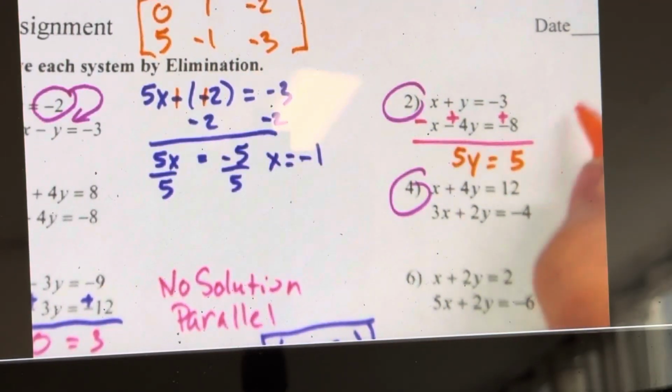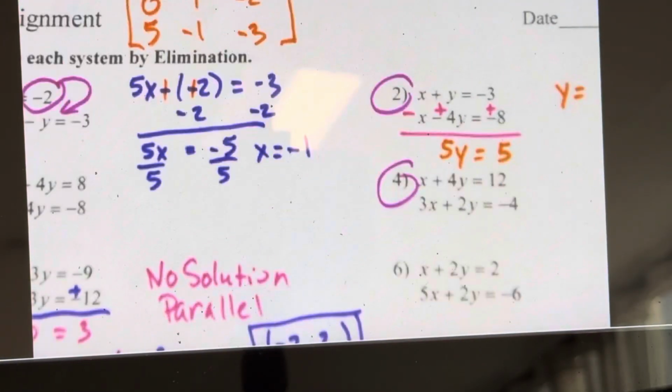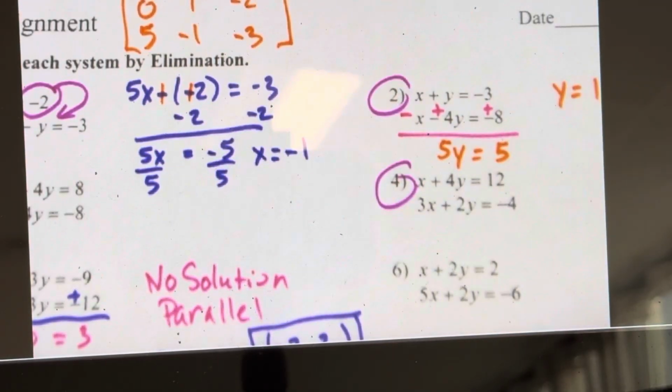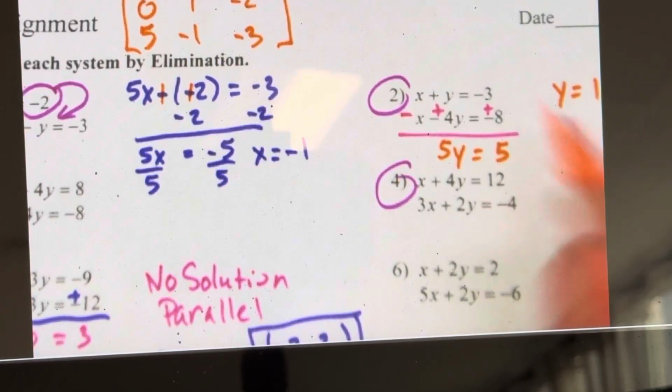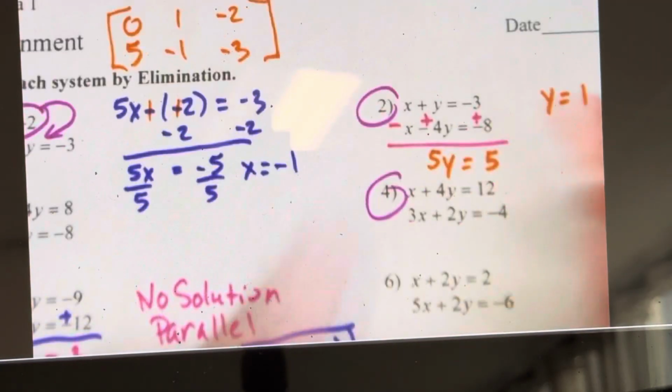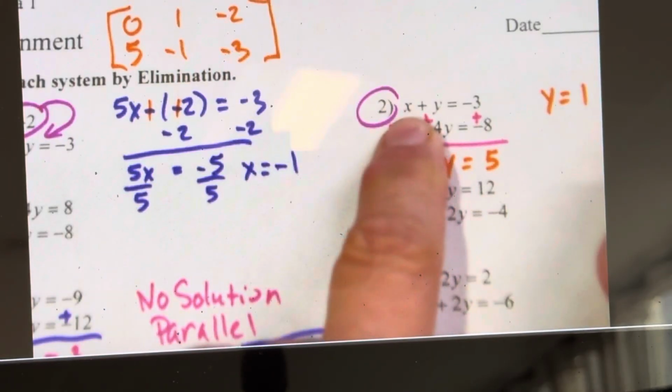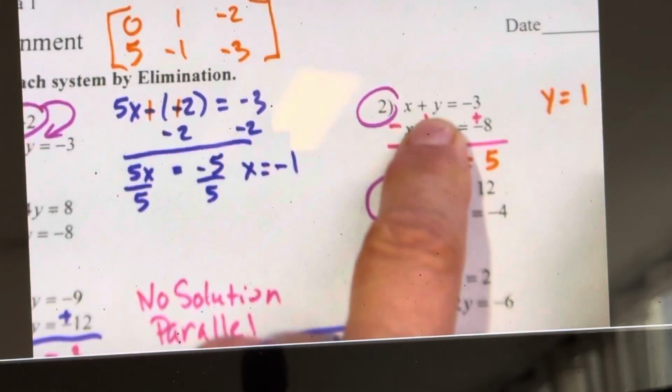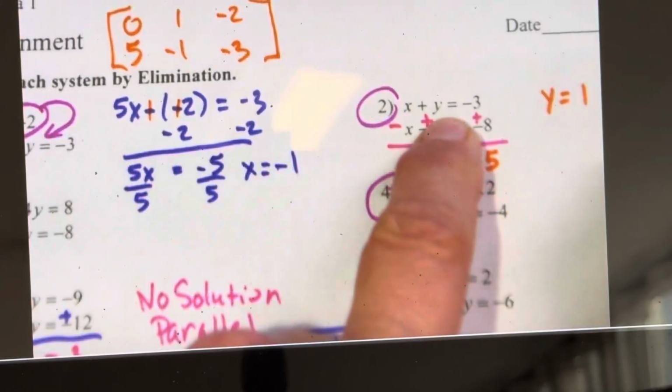And what does y equal? 5 times what equals 5? 1, correct. So again, as far as substitution, you can substitute it in the top equation or the bottom 2 equations. I'm going to choose the top. So I have x plus y, which is 1, equals negative 3.